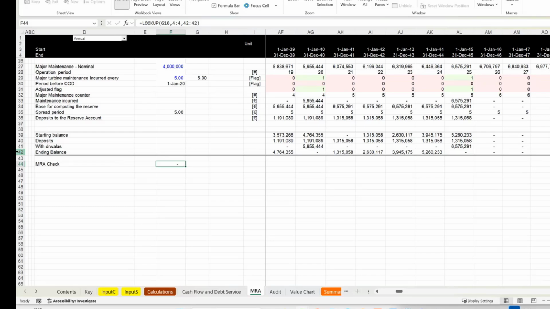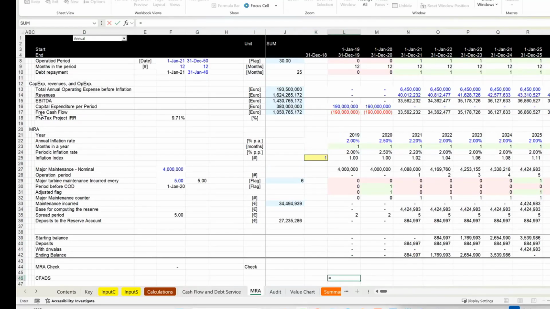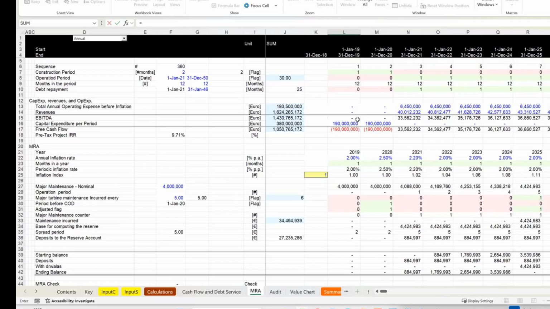Okay, so let's compute the CFADS as the EBITDA. It's the EBITDA up there. I guess we just can put minus the deposit to our account, right?